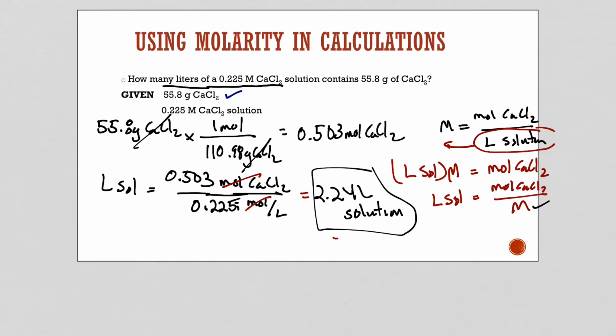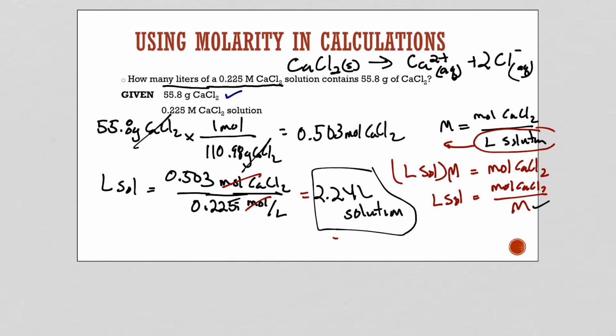So this calcium chloride, when it dissolves, it's going to make a calcium 2+ ion, aqueous, and 2 Cl- ions, aqueous.